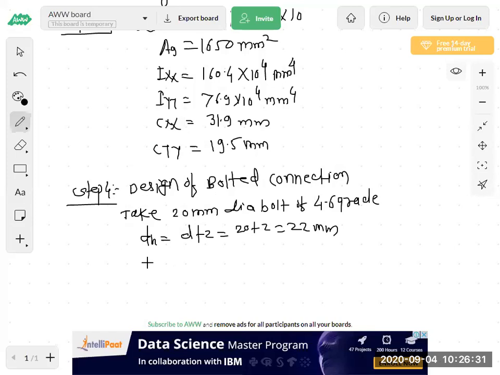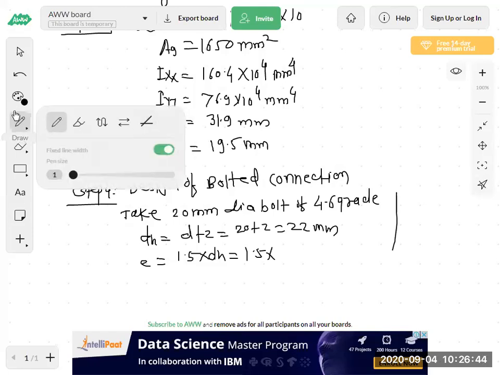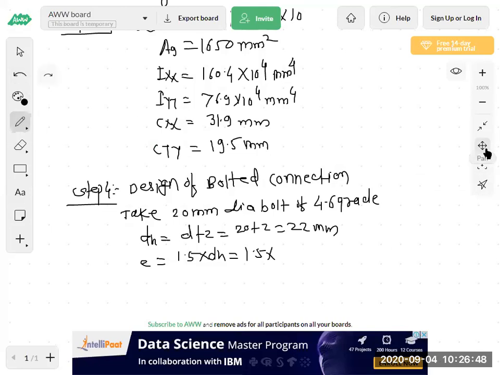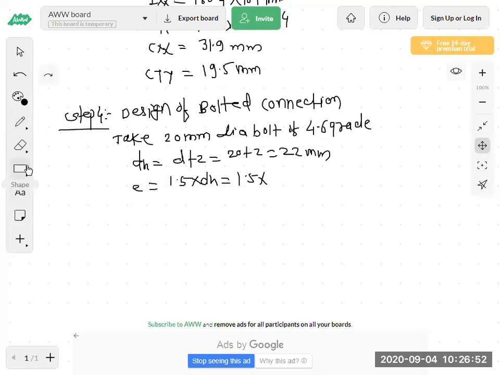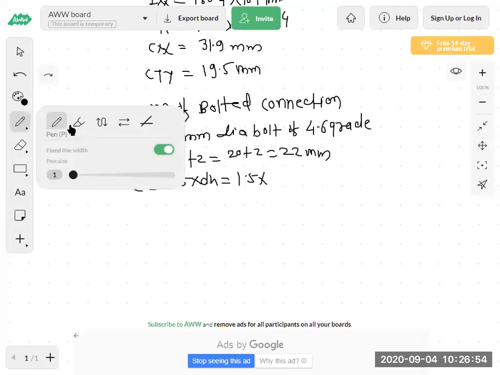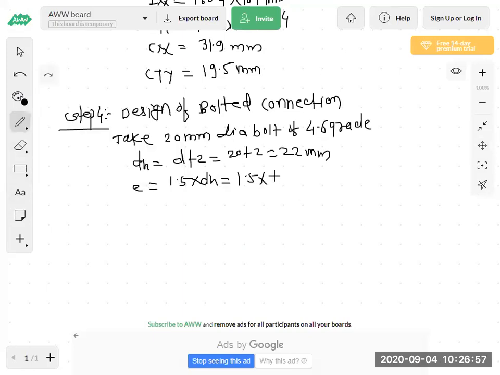Again, here we can calculate E. E is 1.5 into DH, so 1.5 into 22 is 33 mm.